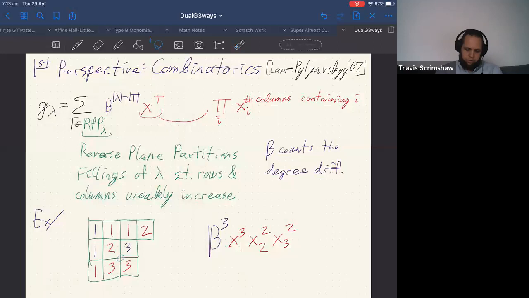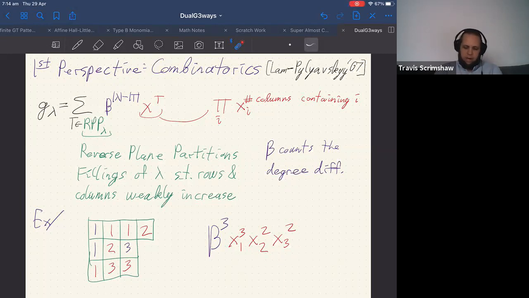And when we fill those with integers, we want to impose some conditions on them. So we're going to take positive integers because we have infinitely many variables. But if we want to do finitely many variables, then we say in n variables, we fill this with 1 up to n. And we're going to require that the rows and columns are weakly increasing. So if you've seen semi-standard Young tableaux, I'm weakening the column condition to be weakly increasing rather than strictly increasing.